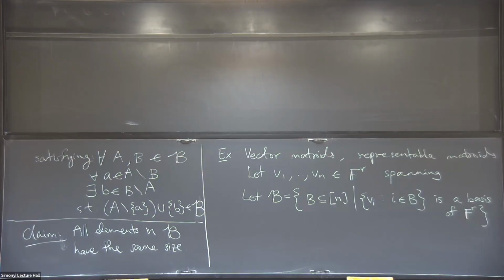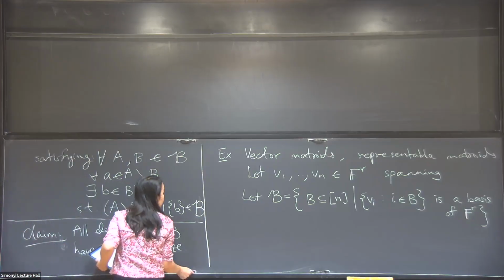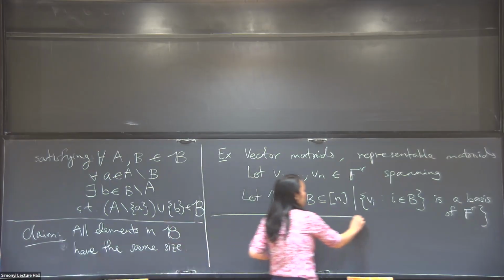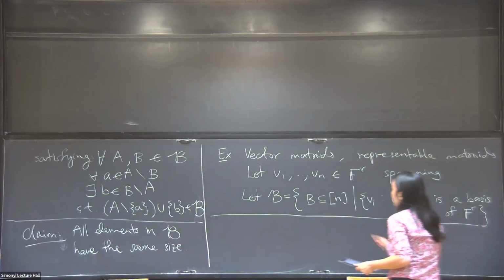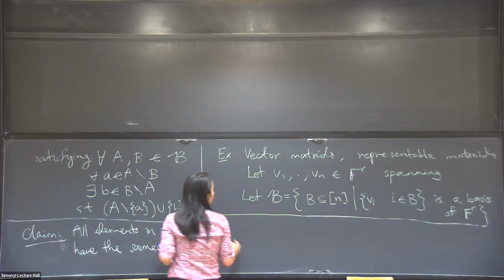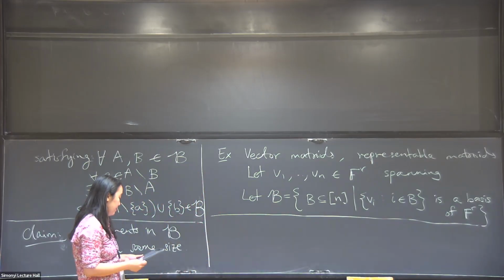All right, so this definition is really simple. This is the matroid, and it models different kinds of independences that show up in mathematics, right?